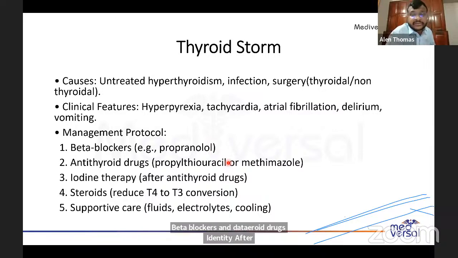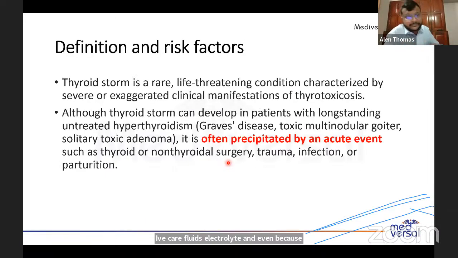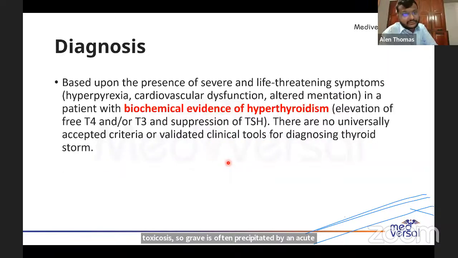And steroids to reduce the peripheral conversion of T4 to T3, supportive care, fluids, electrolytes, and because hyperpyrexia is there, you need to cool the body. So thyroid storm is a rare life-threatening condition with severe or exaggerated clinical manifestations of thyrotoxicosis. It is often precipitated by an acute event, such as thyroid or non-thyroidal surgery, trauma, infection, or even delivery, parturition.